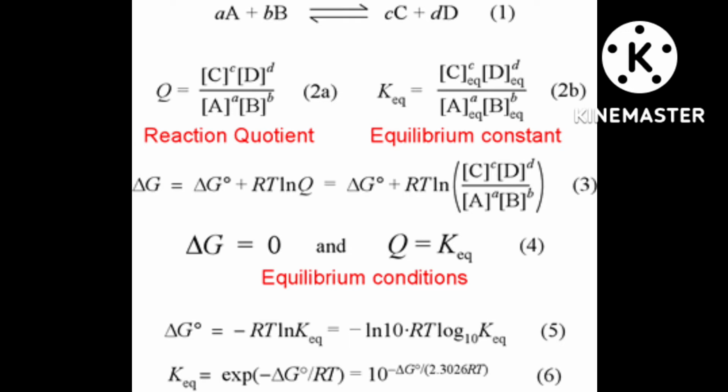Here K is the equilibrium constant, and I will tell you the general meaning of K. Suppose A plus B is converting into C plus D, with the equilibrium sign in the middle.